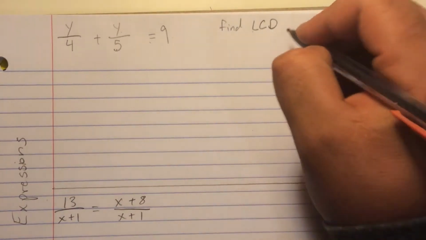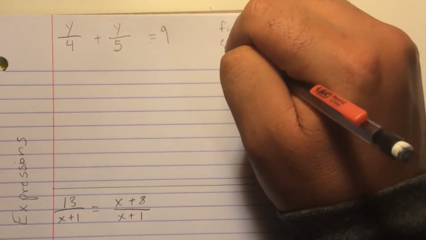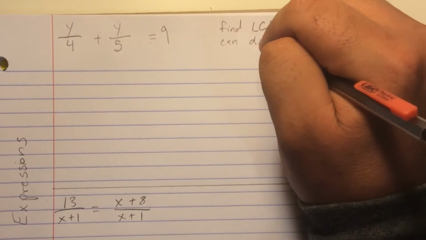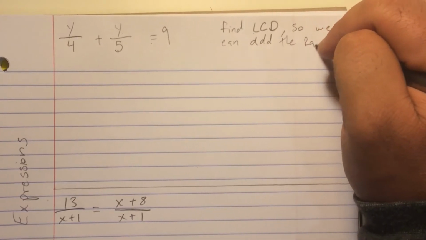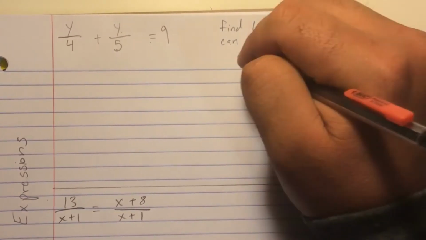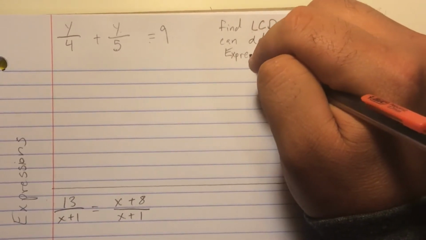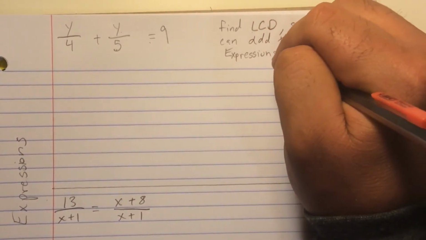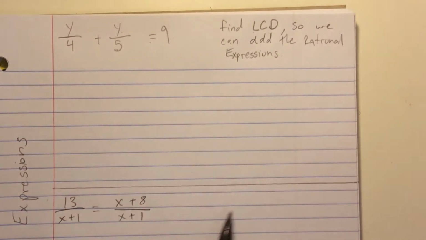We're doing this so we can add the rational expressions together to see if we get 9.